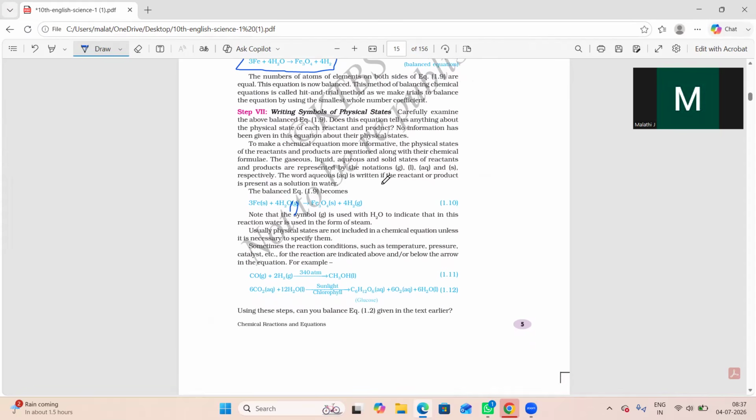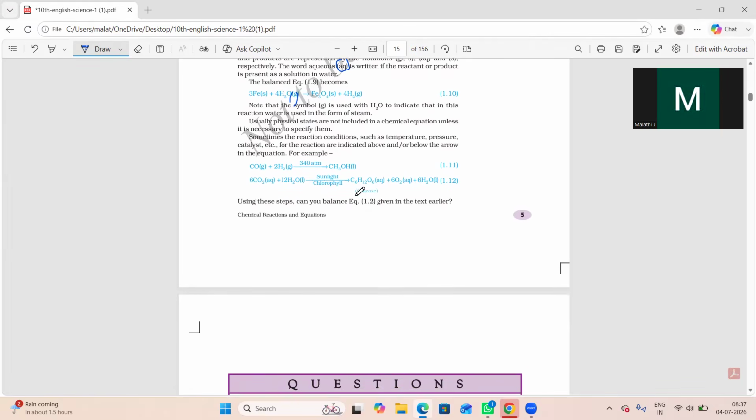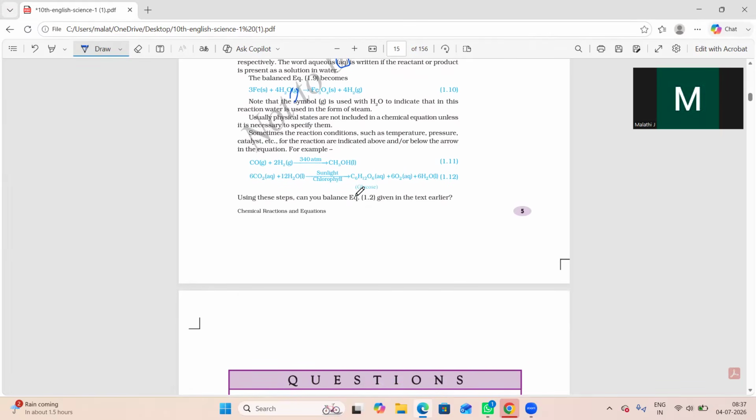If we write AQ, that is on the product side, you will call it an aqueous solution. Aqueous solution means solution in water. See here, glucose C6H12O6, a solution in water, we should write as aqueous solution.